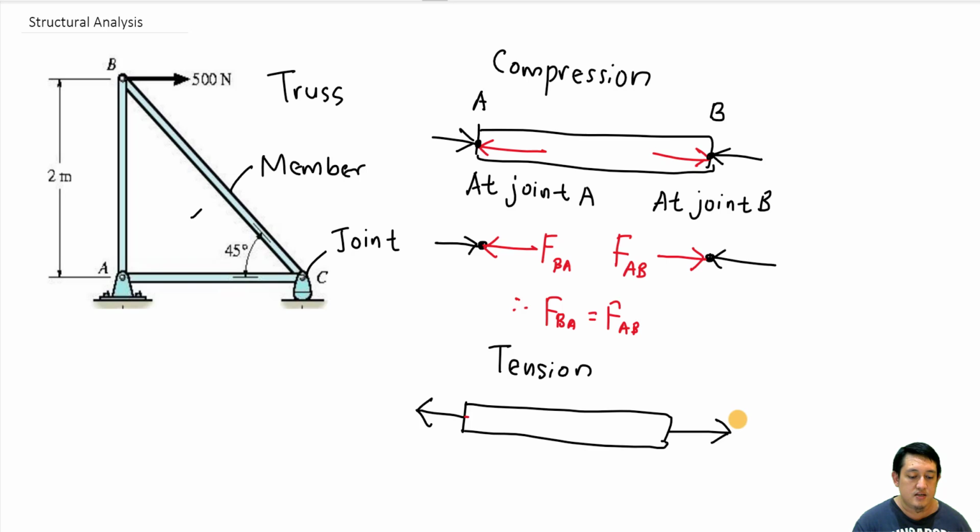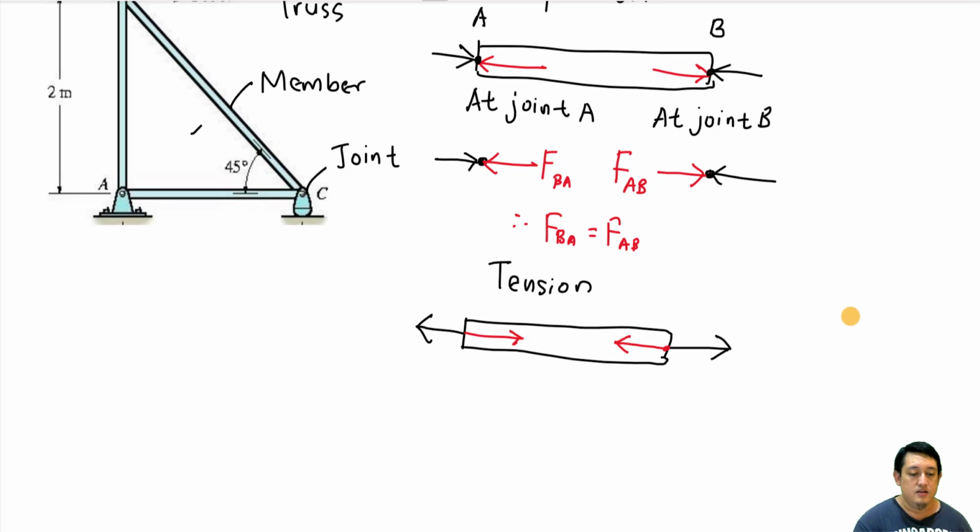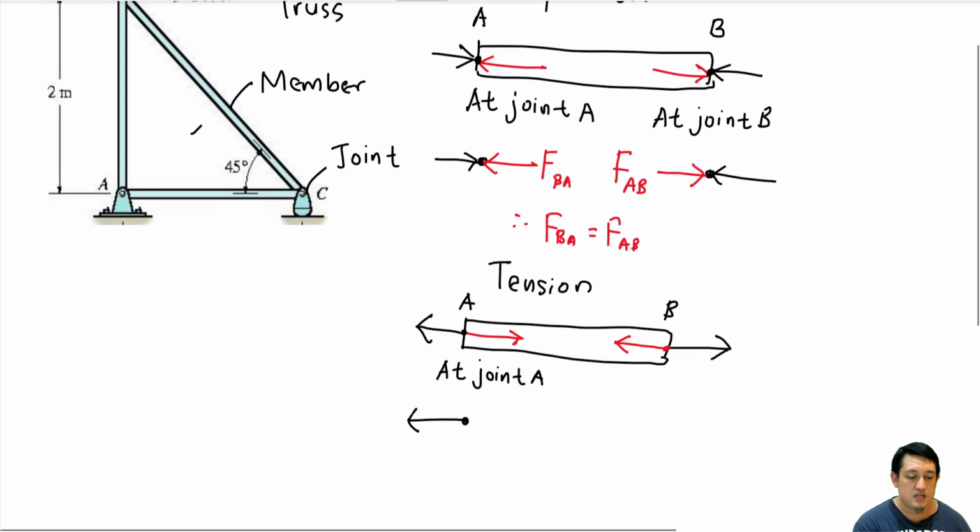Because we want to cancel the external force, as you can see, the force is acting inside. If we draw the free body diagram, let's say this one is A, this one is B. At joint A, we will have one external force pointing in this direction, and the force created by the member when it is in tension is in this direction.